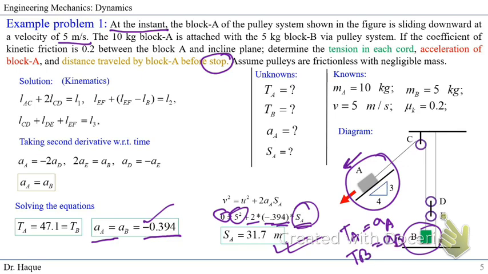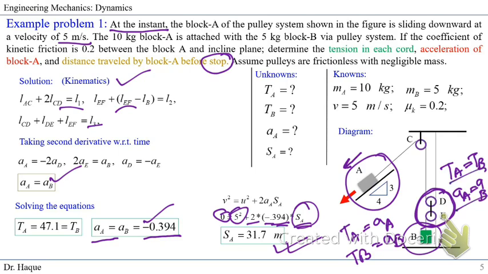Now we have 4 unknowns and 2 equations, so we look for more equations. We worked on the 2 pulleys and found a relationship that TA equals TB, and then finally we looked into the kinematics to find a relationship between AA and AB. So finally we got this taken care of.